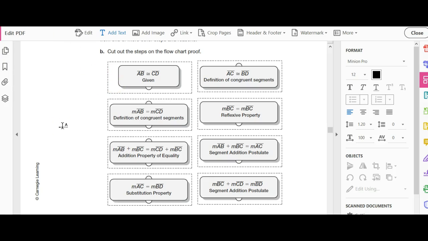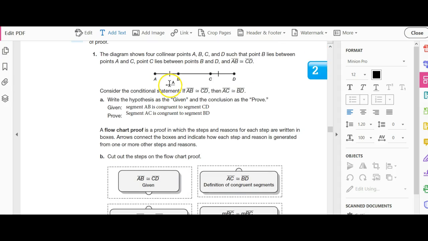Okay, so did you go through these and just kind of figure out what you have here? That's, I think, the beginning place, right? So here, this is obviously where we're going to start, and it says that segment AB is congruent to segment CD. And that would be our given in here, right? So this only works if these two pieces are congruent, right?